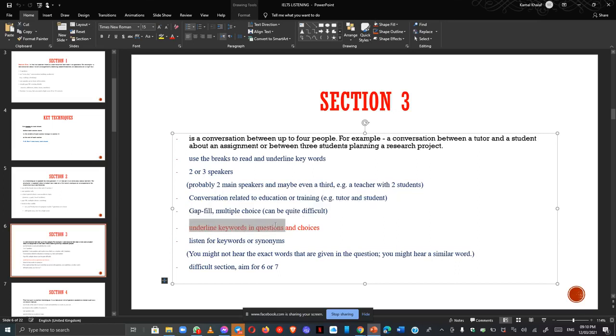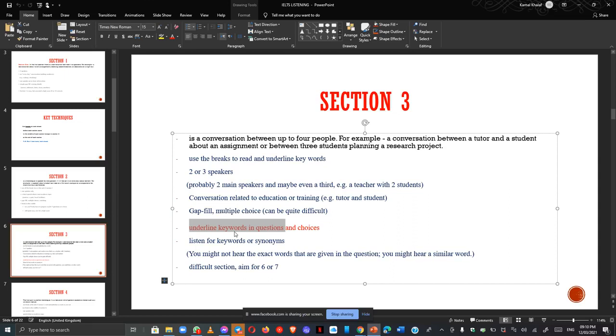One of the key points here in section 3 is that in some cases the words in the questions themselves are many words. Even the choices, you may have the choices in complete sentences. One of the important techniques here is to underline the key words in the questions themselves and in the choices, both.